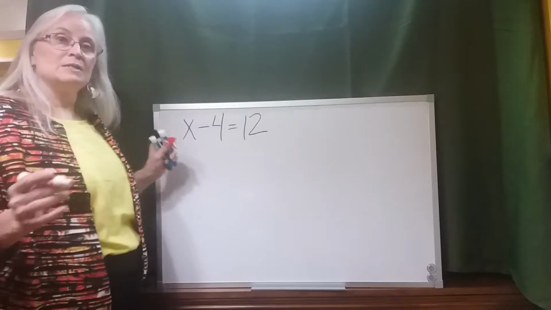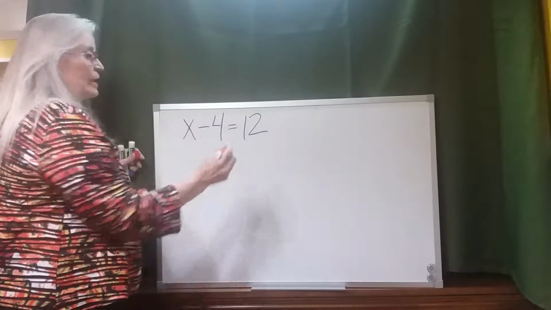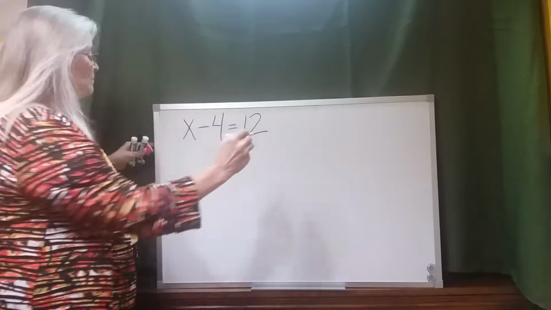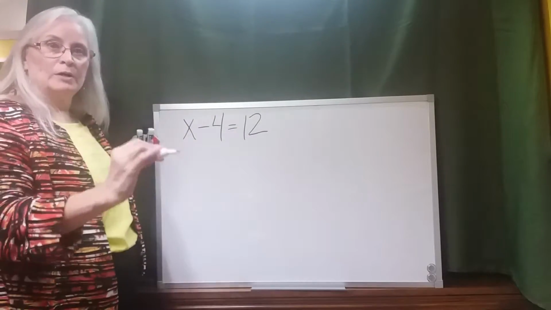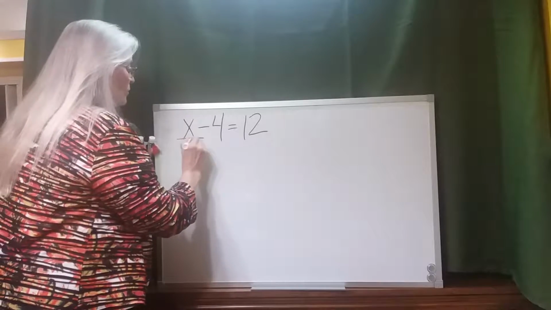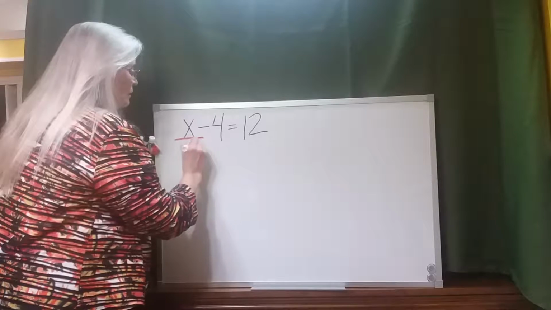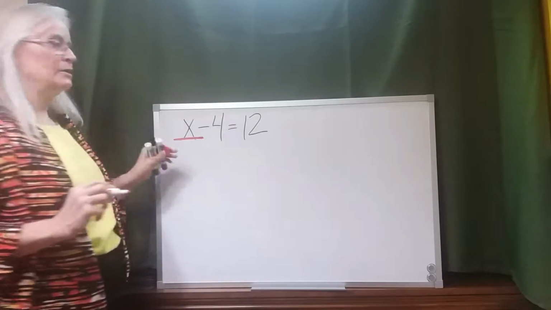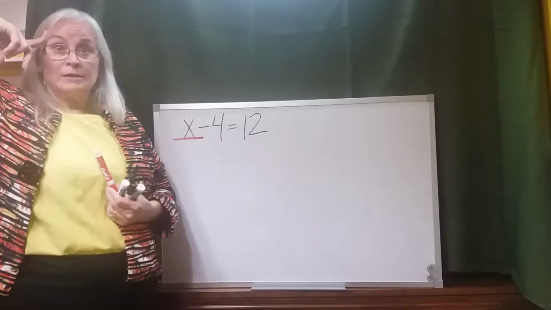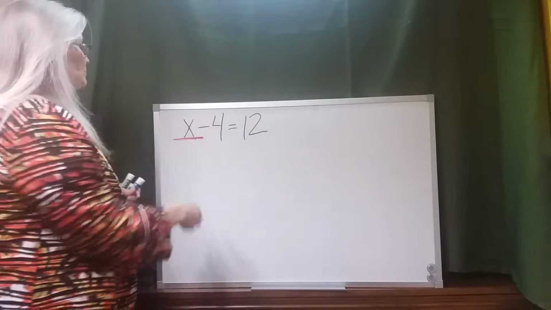So we still have this problem of trying to find x. Now, like I told you in the first problem, I want you to underline the variable, the x, or the other letter of the alphabet, whatever the variable is. Underline it. That way your brain knows, I don't know that answer, I have to figure it out.